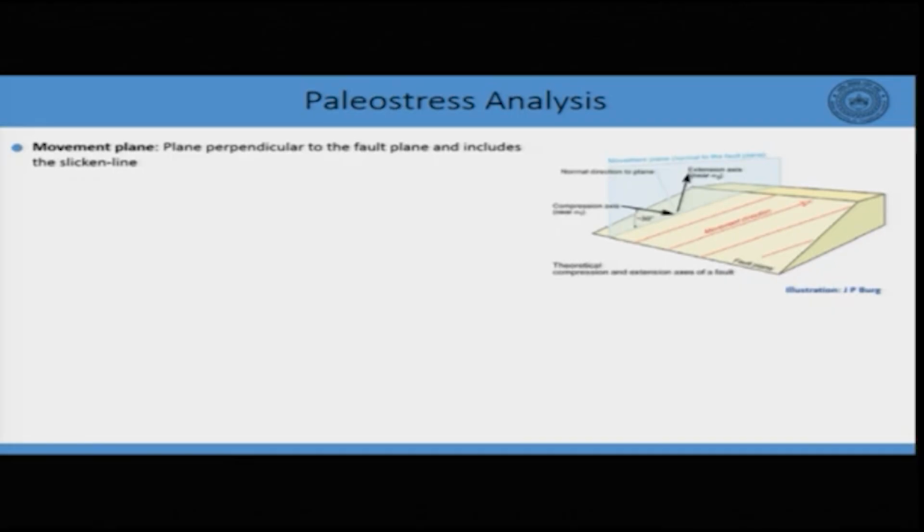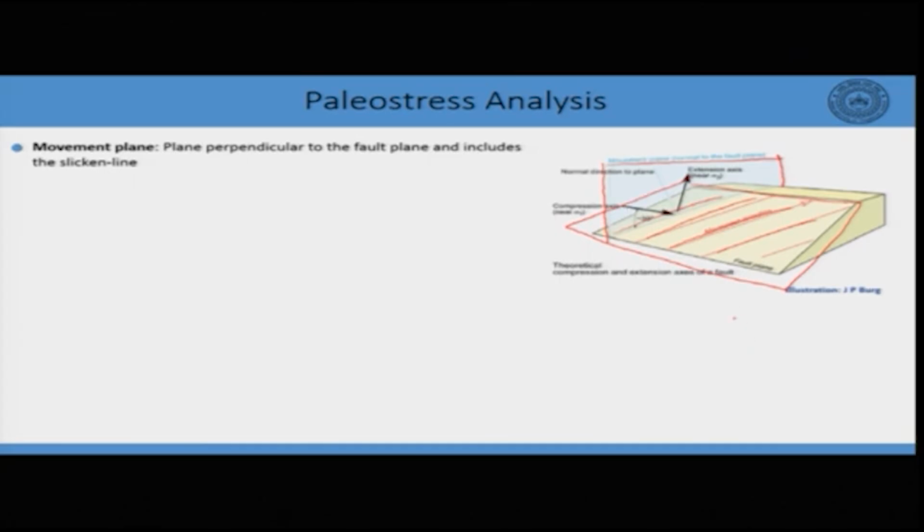Here this is the fault plane, and this is the striation. First, we plot the fault plane on the stereonet, and then we draw a movement plane, this light blue one, and plot it on the stereonet too. How do we plot this movement plane? The movement plane is usually perpendicular to the fault plane and it includes the striation.